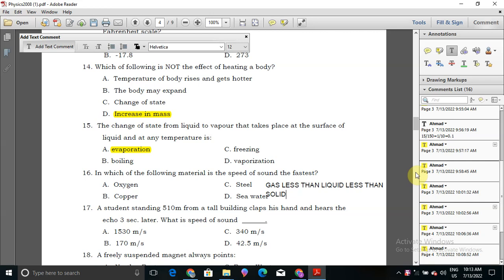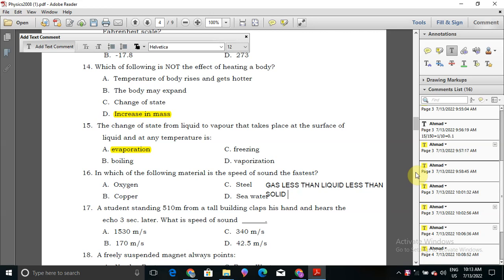Copper and steel. Copper and steel are solid, right? But which one has the highest speed, meter per second, at 0 degrees Celsius? For copper we have 4998, and for steel we have 5948.